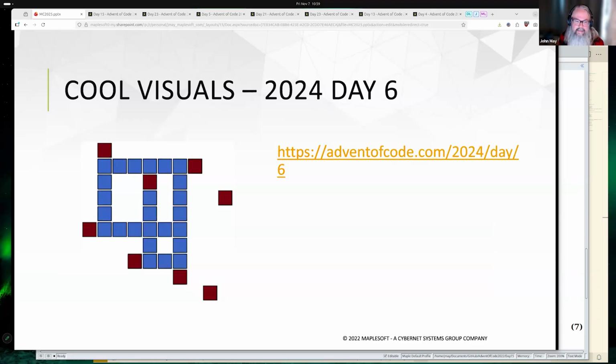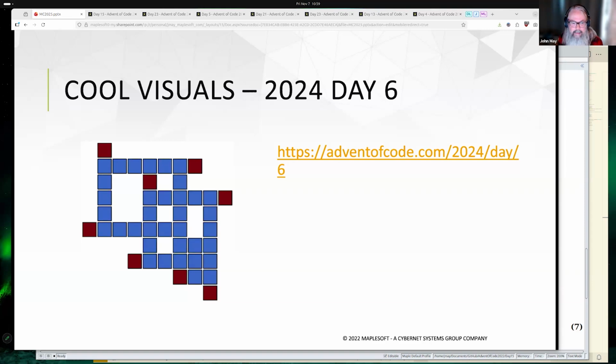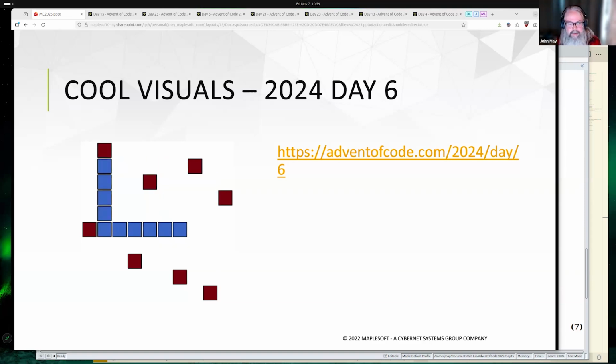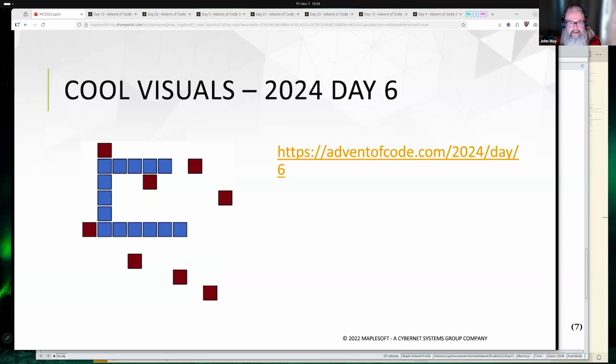There's a lot of just maze chasing where you're simulating the movement of something in a maze. So this is again sparse matrix plots, frame by frame, of a guard moving through a museum where he turns, I believe, clockwise every time he hits an obstacle.